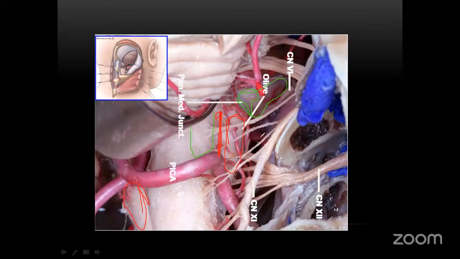When we memorize and remember the anatomy of the medulla, it is very important that it is a conical shape, a little bit cylindrical. Anteriorly, it is very rotatory.